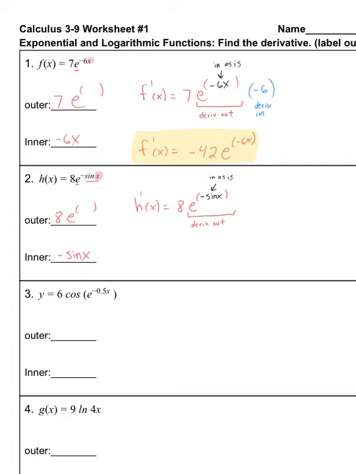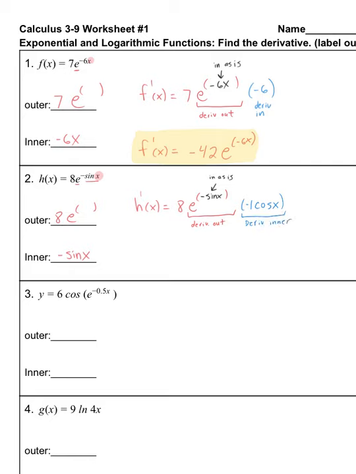And finally, the third step, we multiply everything by the derivative of the inner. So that negative 1 comes along for the ride. The derivative of the sine is the cosine. So that is the derivative of the inner function.